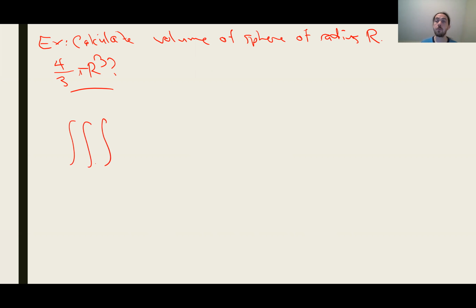To calculate the triple integral to find volume, we'd usually integrate 1 dx dy dz over the sphere of radius 1. But the bounds for that are ugly if we do it in regular coordinates. So what we do is we turn that into a triple integral in spherical coordinates.